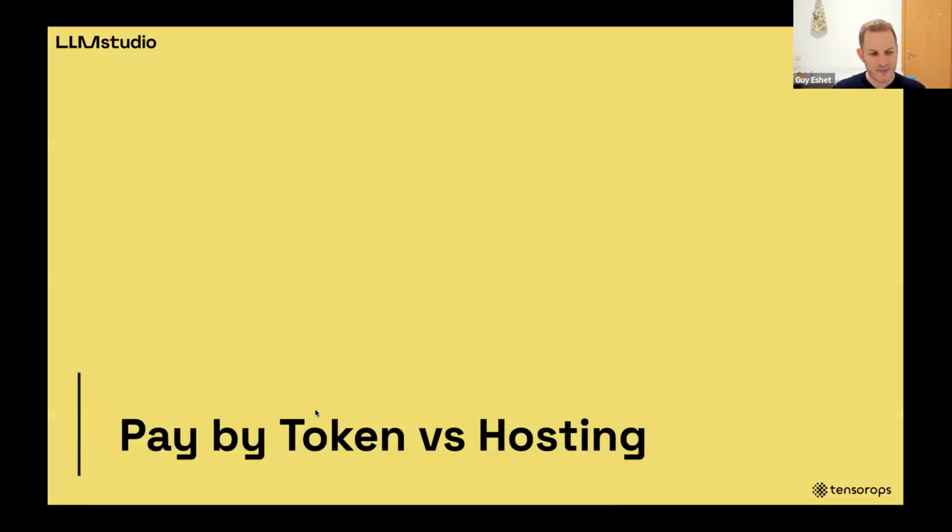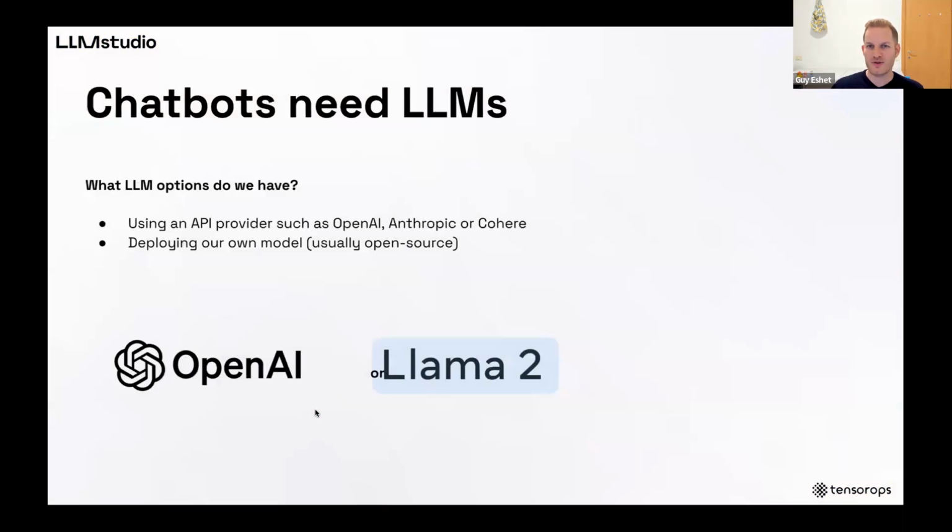Thanks, Gabriel. I think it's best to start with the fact that you need to get an LLM for a chatbot. You want to do a cool demo, so you'd have to get your LLM. What are your options? First, most people go to OpenAI, which is one of the easiest options. But we actually have two options.